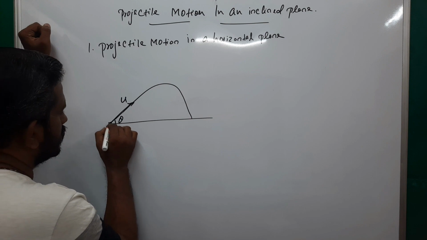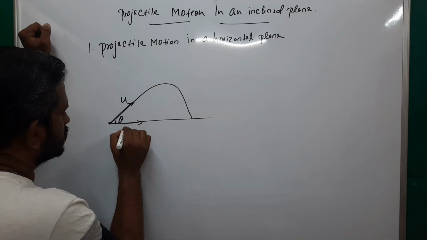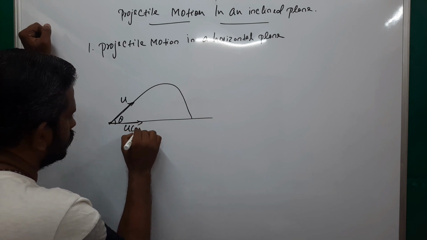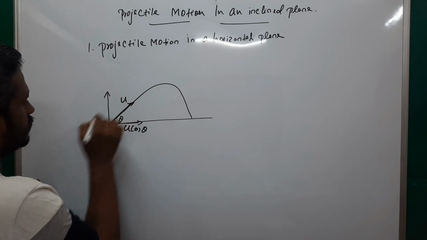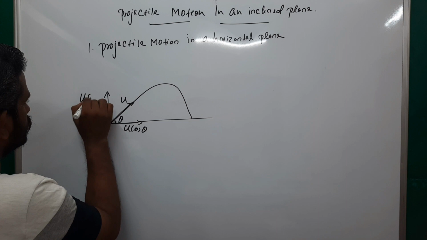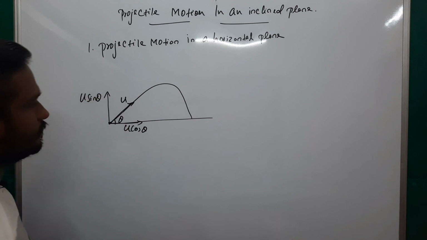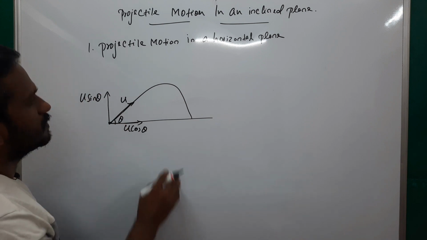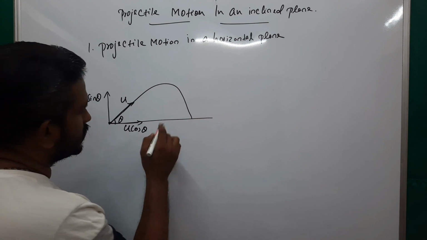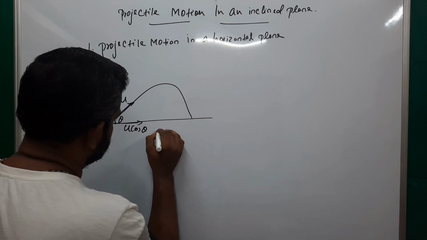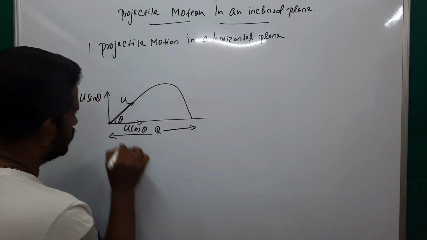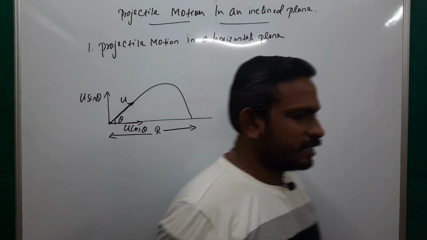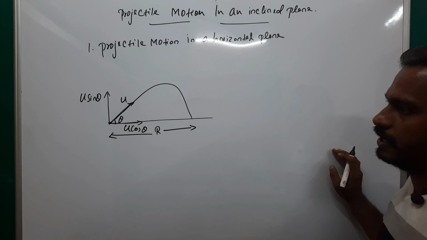The horizontal initial velocity is u cos theta, and the vertical initial velocity is u sin theta. This is the maximum height of the projectile, and this is the horizontal range. This is the projection in a horizontal plane.